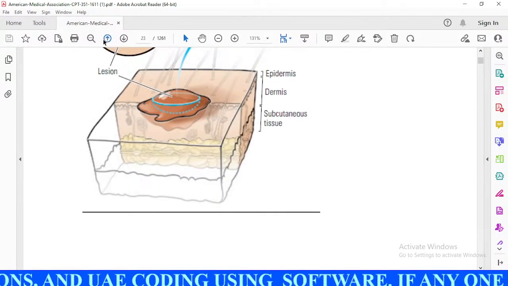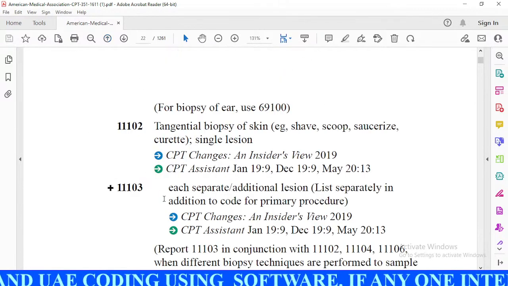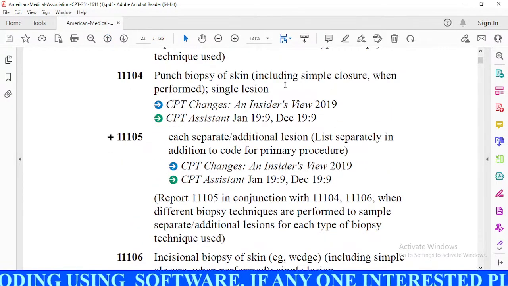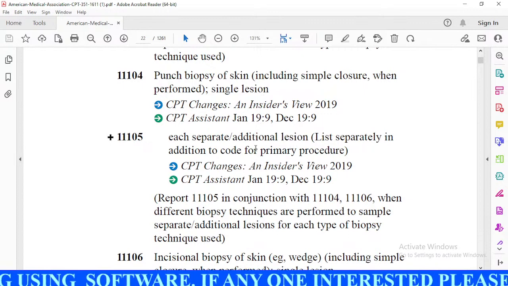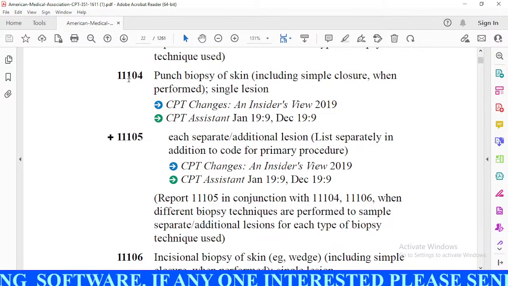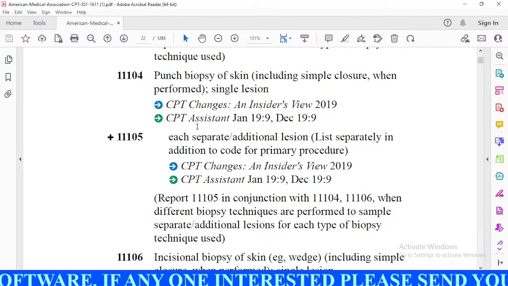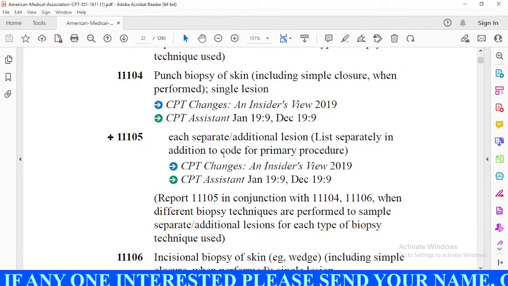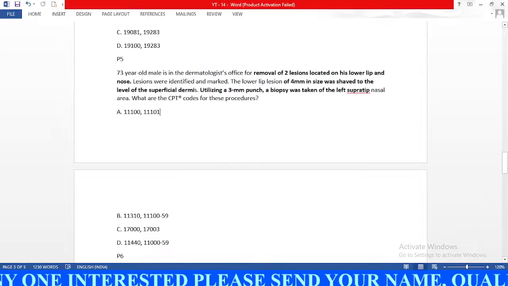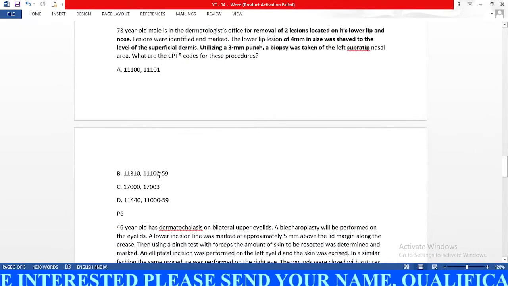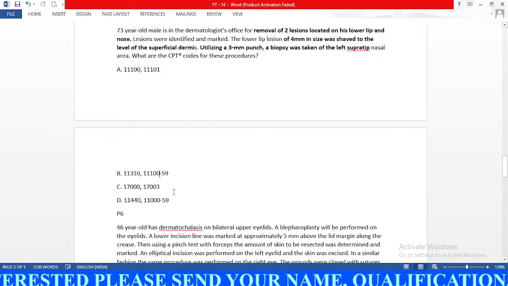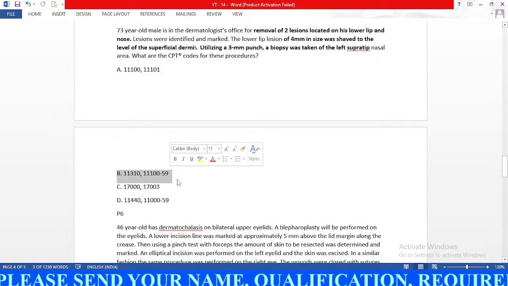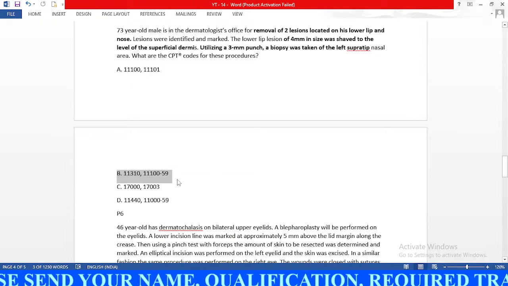We will check once. See, punch biopsy of the skin, including simple closure when performed. So you can code 11104 instead of 11100. So 11100 is deleted in the 2022 version. So based on this, our answer is B: 11310 and 11104.